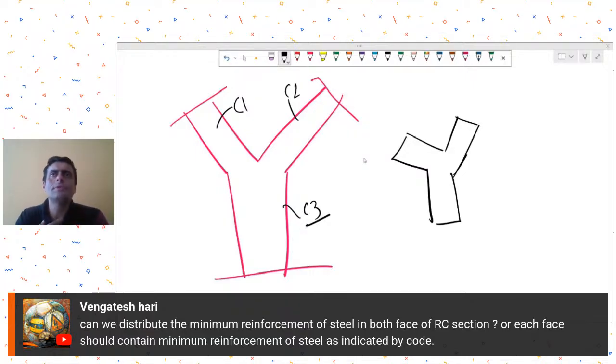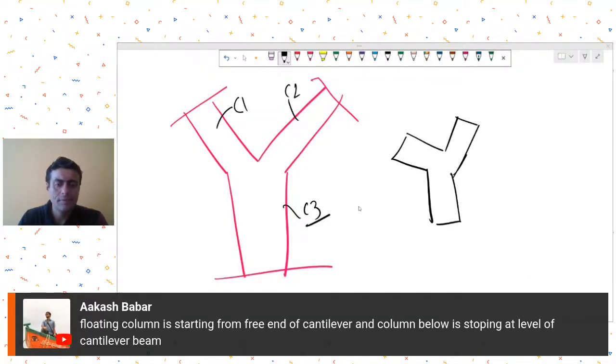In case of beams, if you look at the minimum web reinforcement, minimum side face reinforcement that we have to provide, then it is to be distributed equally on both faces. In case of footings, if you have to provide certain minimum face reinforcement, it is on each face. So it depends clause to clause. Whichever minimum reinforcement clause you are following, you refer to that clause and see the related provision.